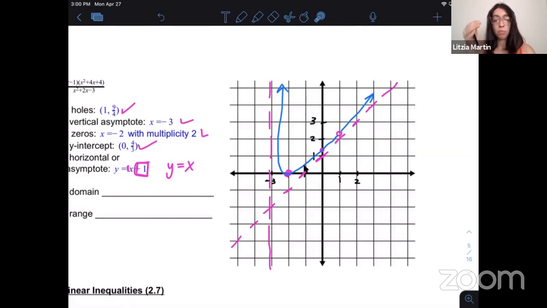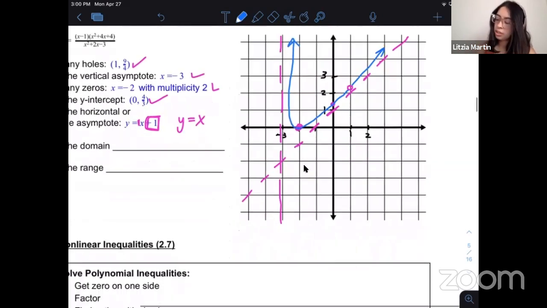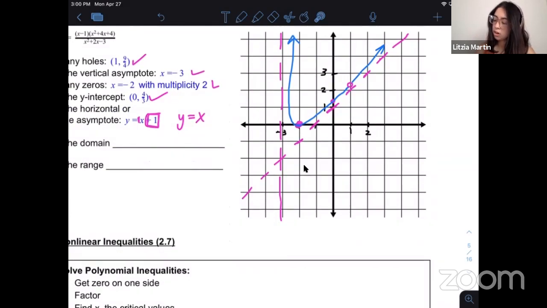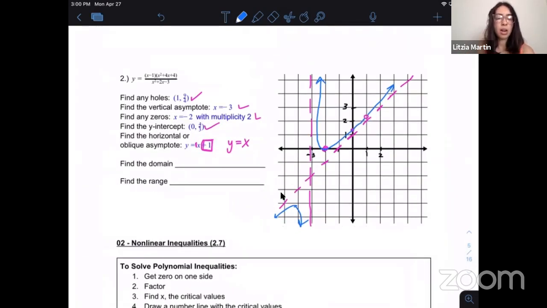It just bounced off the 0 rather than going through the 0. So we have that part. And then the other little diagonal piece, there's one, and then the diagonal side is over here. So I'm just going to do a little rough sketch of what that would look like. Okay. So that takes care of graphing rational functions for us.